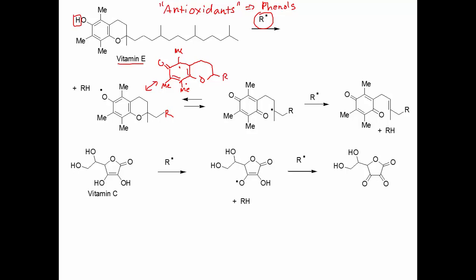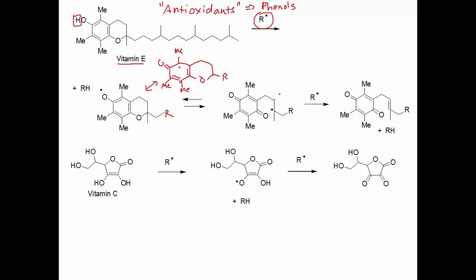So it's going to do less damage when it's inside of a cell. Okay? All right. And you can actually remove all radical character altogether by pulling another hydrogen off.